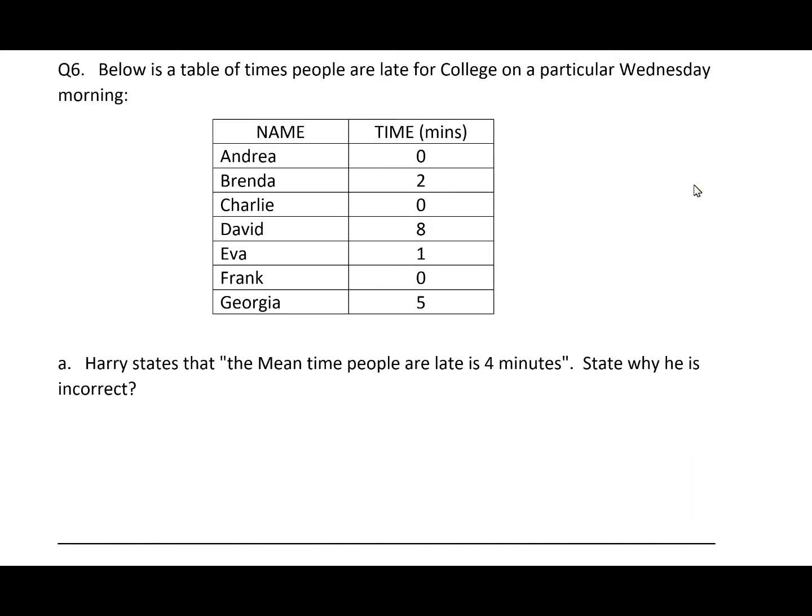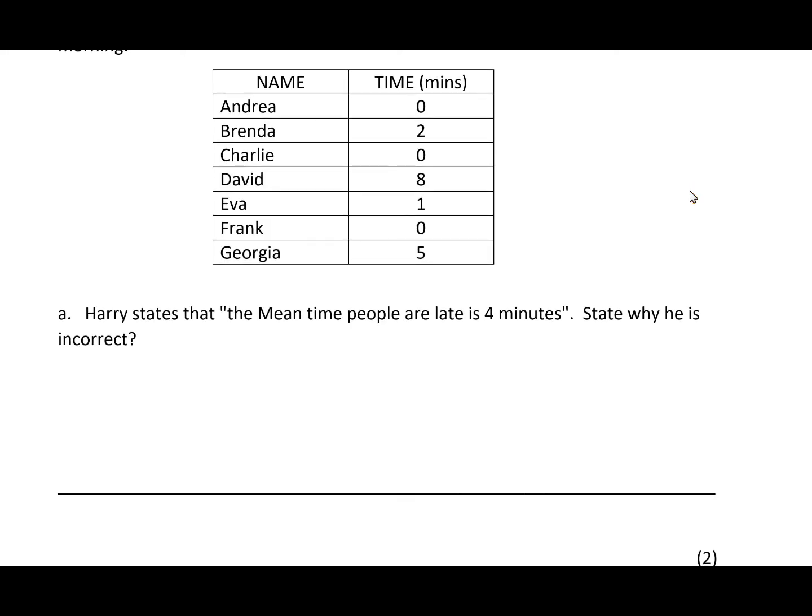Question 6. Below is a table of times people are late for college on a particular Wednesday morning. Harry states that the mean time people are late is 4 minutes. State why he is incorrect. So the best way to show something is wrong is to calculate the mean for ourselves. So to calculate the mean, we need the sum of our times.